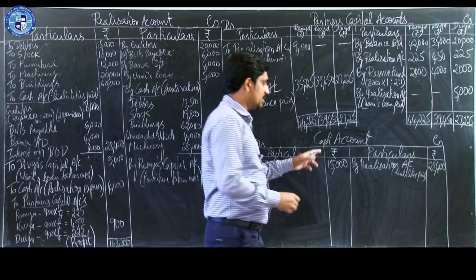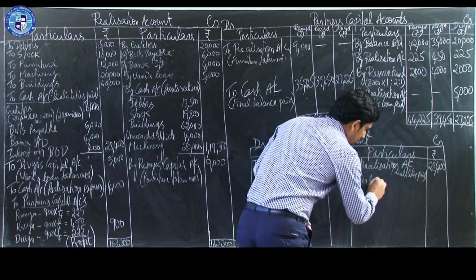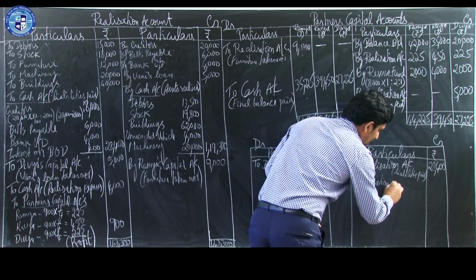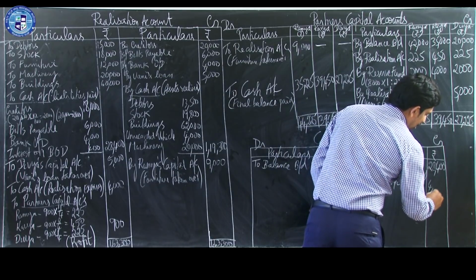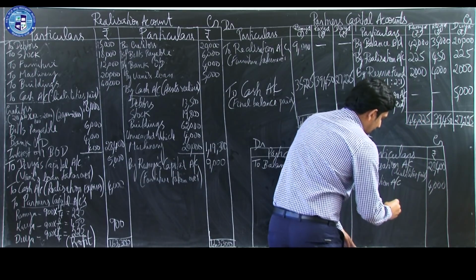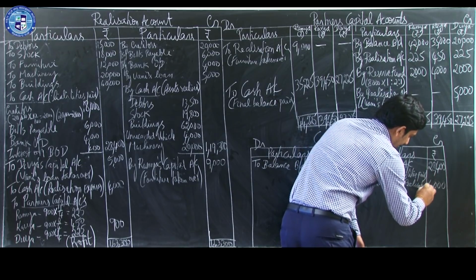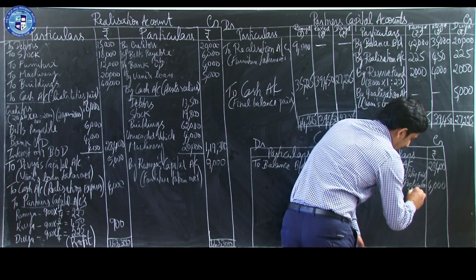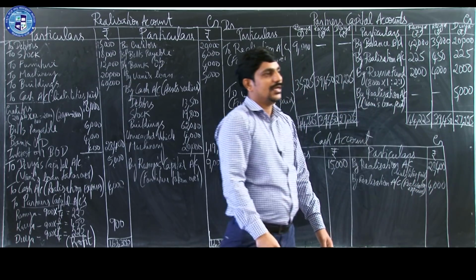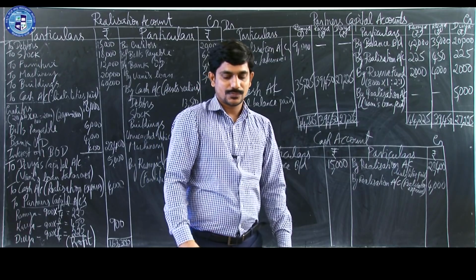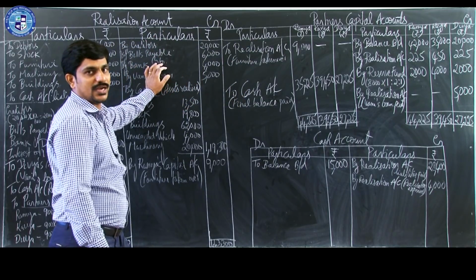Now cash account is credited by realization account, 4,000, that is realization expenses.